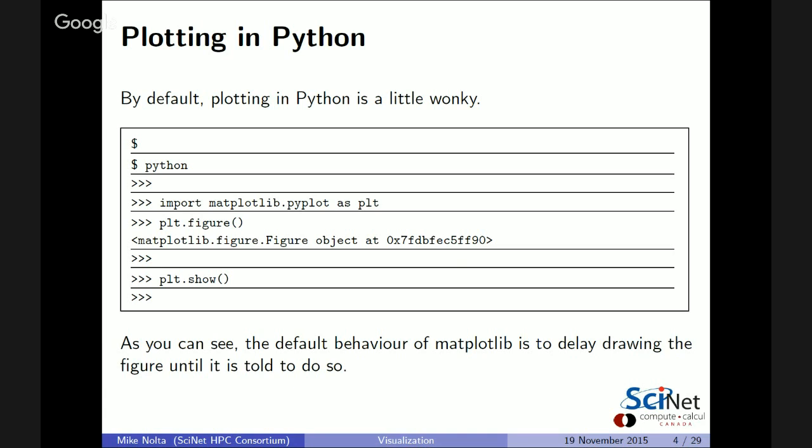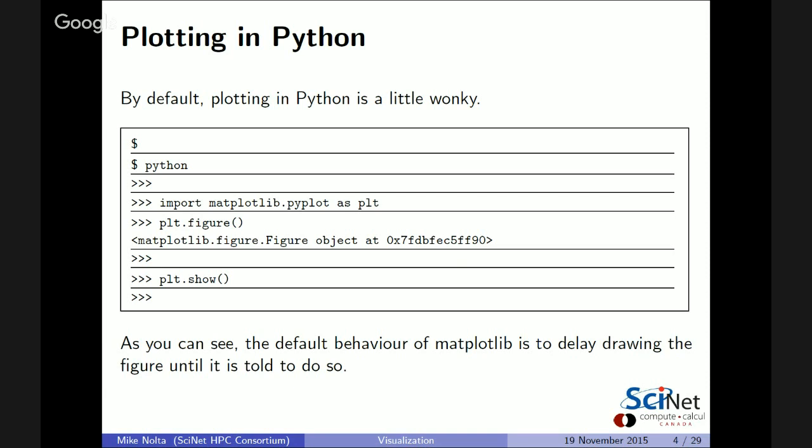For instance, if you're working in IPython and you call plot, you want an X window to pop up with an image of your plot in it. But if you're writing a little script to make a plot for a paper, and you're just writing the plot to a file, you don't want a window to pop up on your screen. So Matplotlib tries to be clever about that and decide when you're doing what.